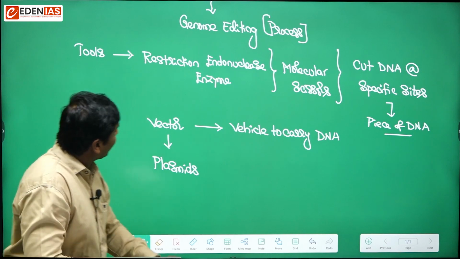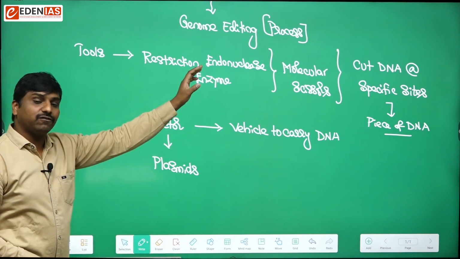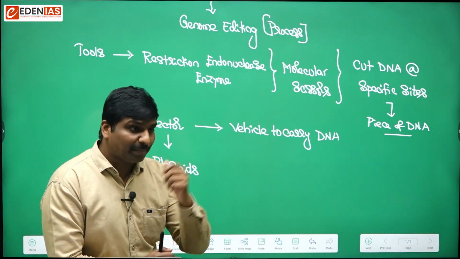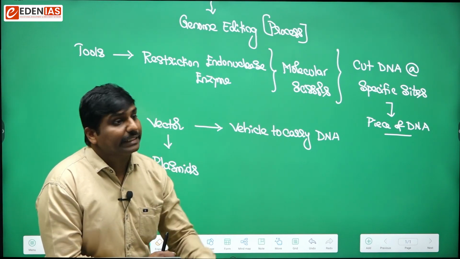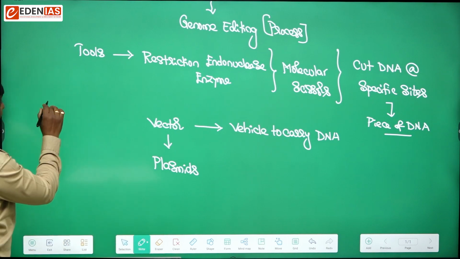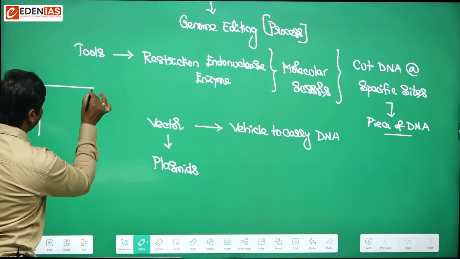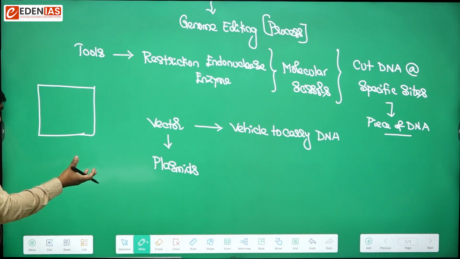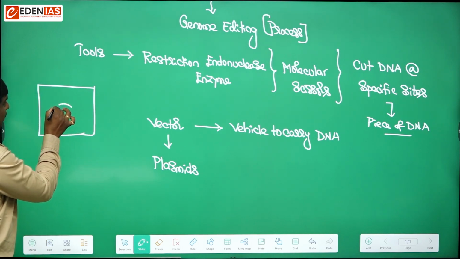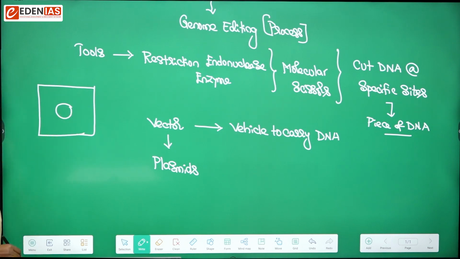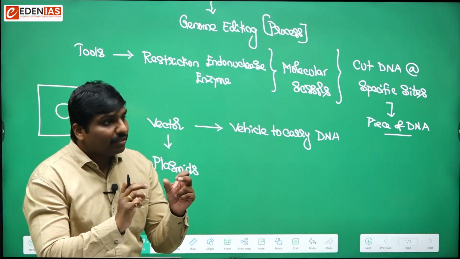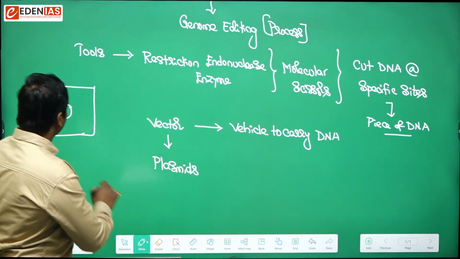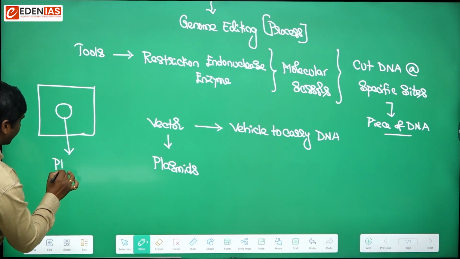Generally, when we talk about the DNA of other organisms, what is the structure of the DNA? Double helical structure. But in bacteria, the DNA will sometimes be in circular form. These circular pieces of DNA present in the bacteria are nothing but the plasmids.